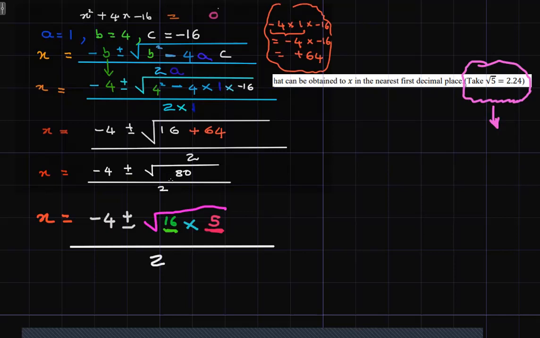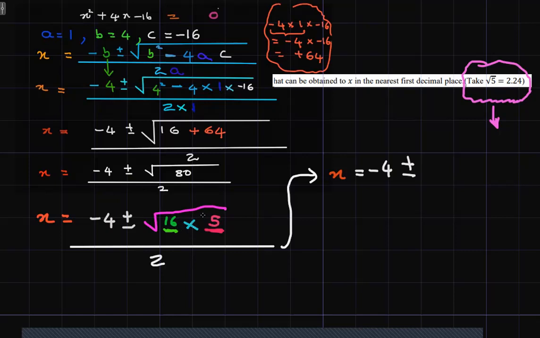All right. There's no space for me to go downwards, so let me go here. What do we have now? X equals minus 4 plus or minus square root of 16 times 5. Now, what is between 16 and 5? It's a multiplication.